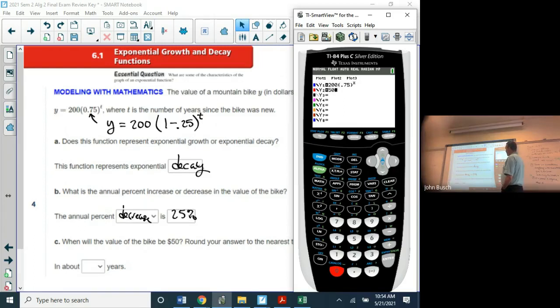And the trick is to see what t value, or x value in this case, we need for those two lines to intersect. But in order to be able to see where they intersect, we need the y max to be at least 50. I would like to go 60 or 55 or something.